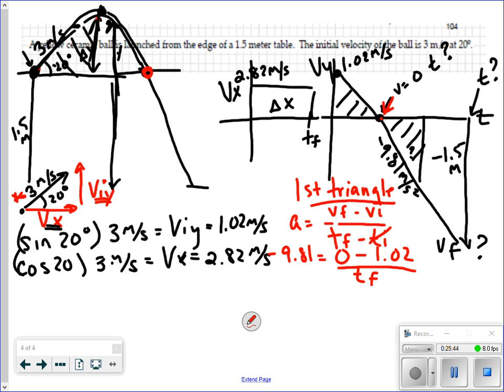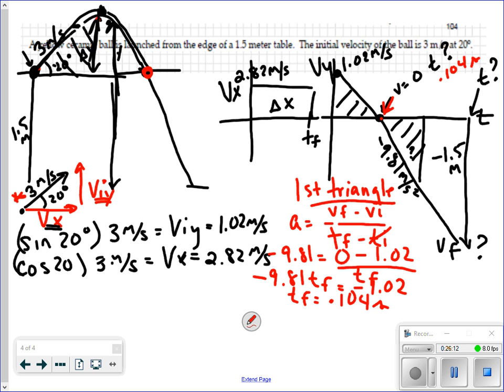What's kind of cool, though, is at least we can solve this one right away. Tf equals negative 1.02, and we can just divide, and we get a final time of 0.104 seconds. So the time right here is 0.104 seconds.